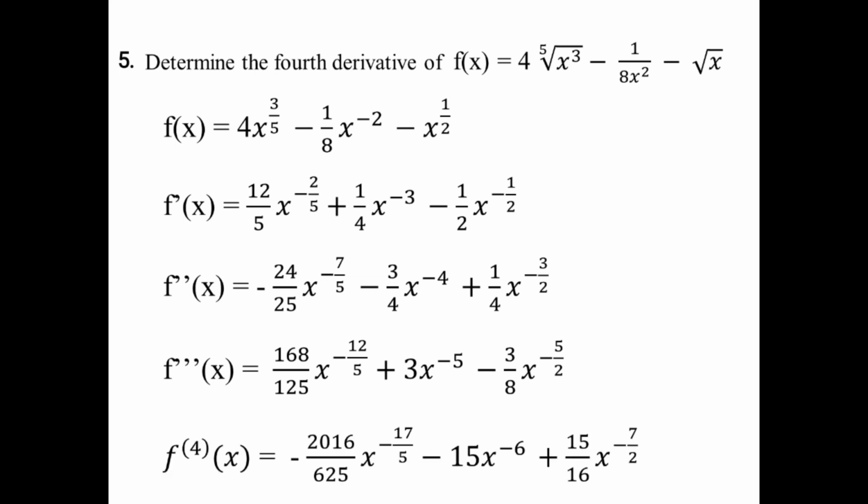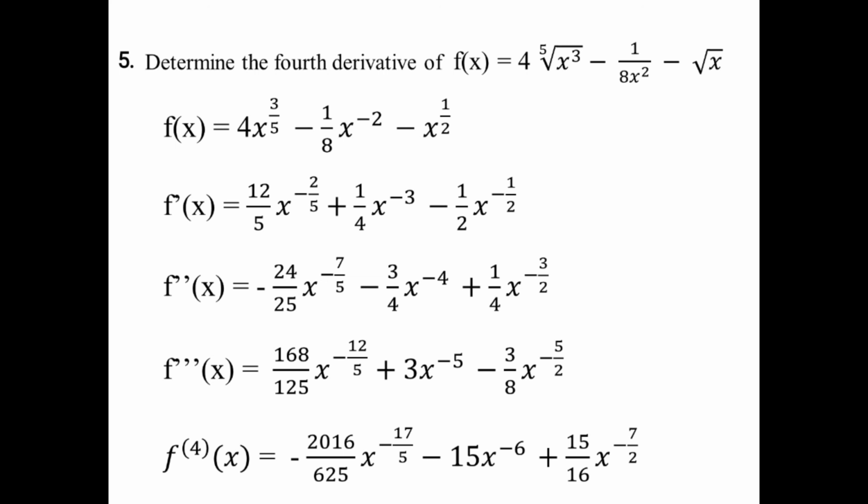So just multiply this exponent negative 12/5 to 168 over 125. That's why we got the answer negative 216 over 625. And then our exponent negative 12/5 minus 1 will become negative 17 over 5 as our exponent for variable x.